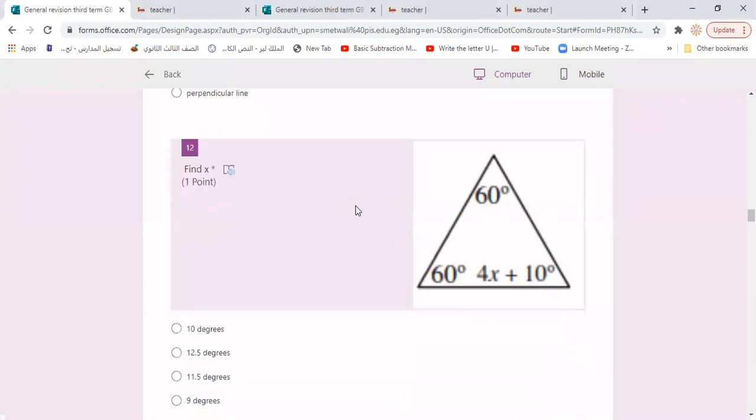In this question, we want to find the value of x. How will we find the value of x, grade 8?